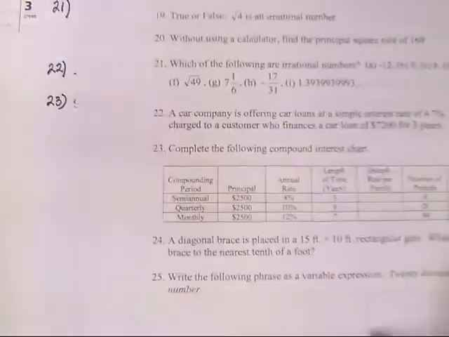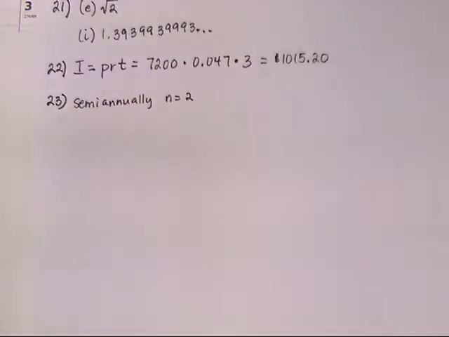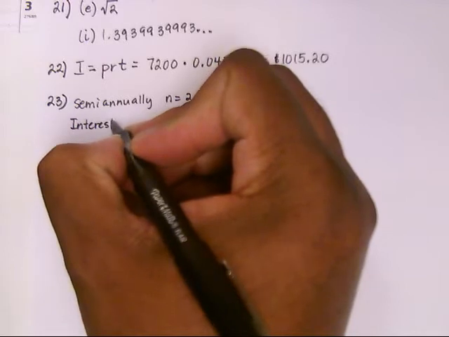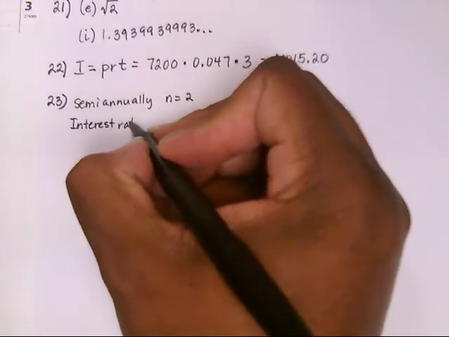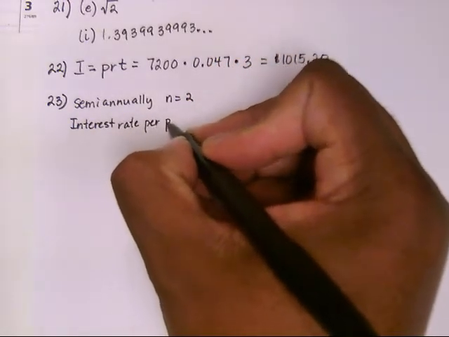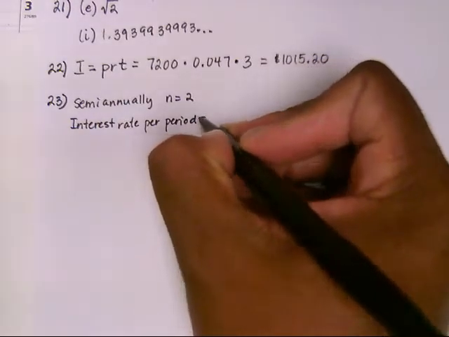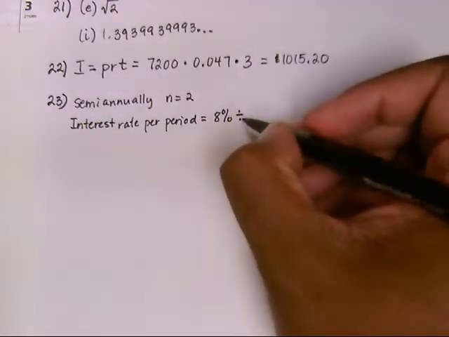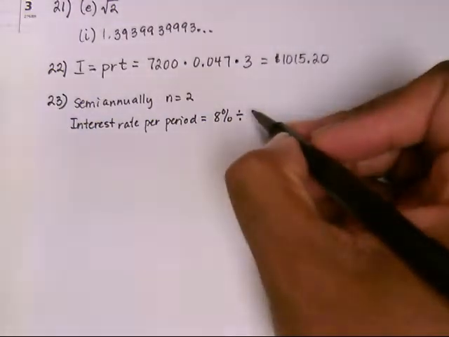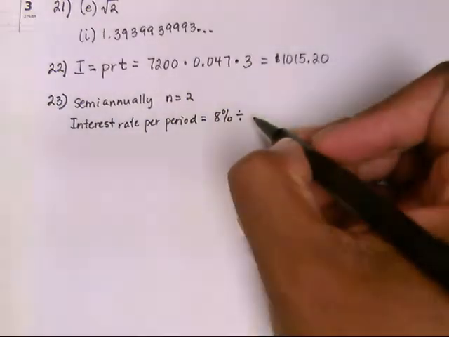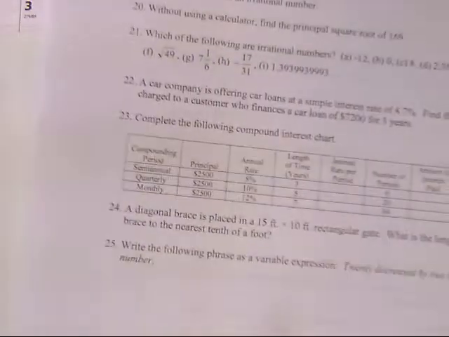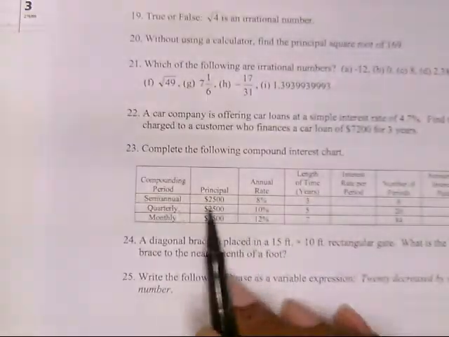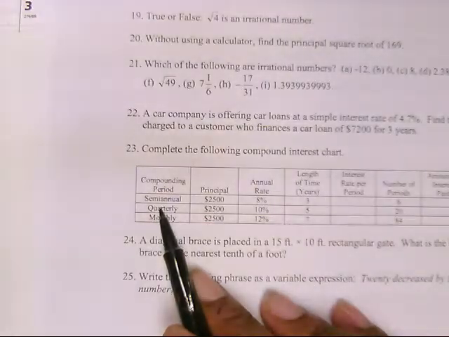Okay. Now, to find the interest rate per period, we take that annual interest rate of 8% and divide it by the number of compoundings in a year.